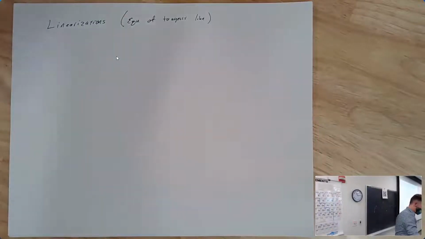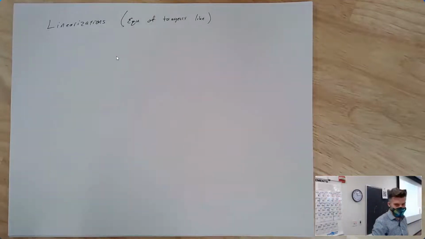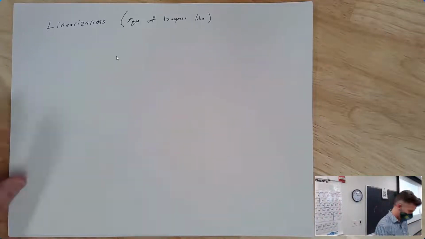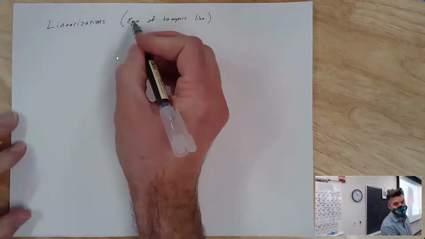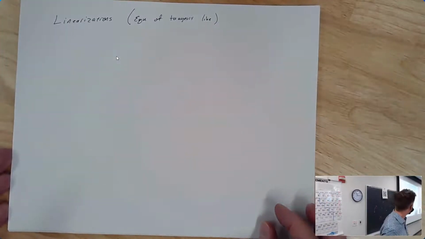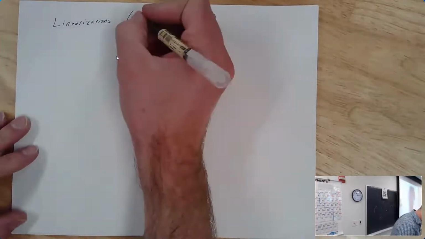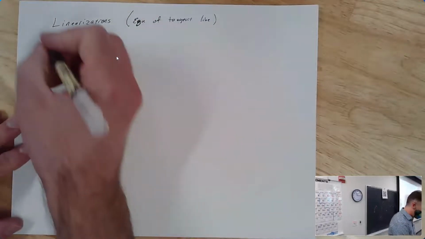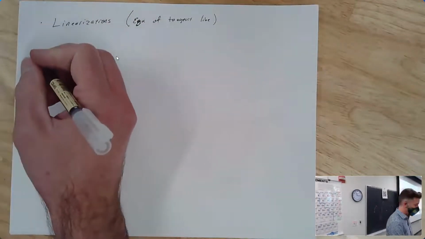So, how do you want to talk about this? There's a number of ways to talk about this. Usually people often start with, does that say edge? It says equation. Equation, EQN, equation of tangent line. I know it's an abbreviation. So people use linearization in a variety of ways.